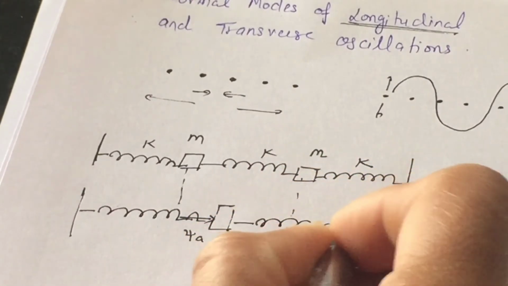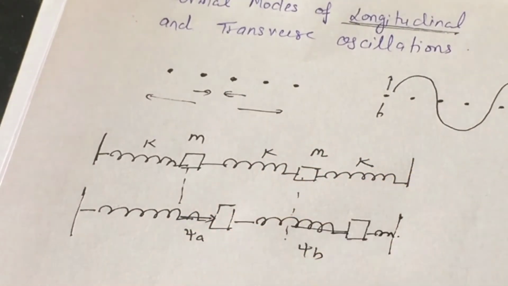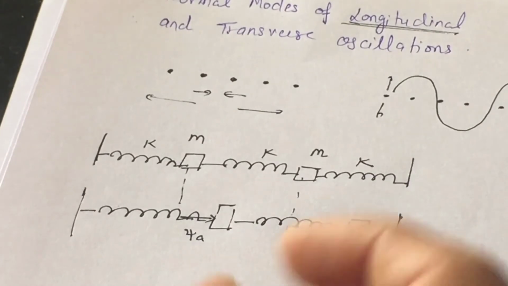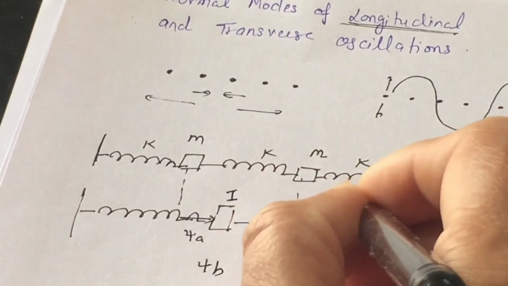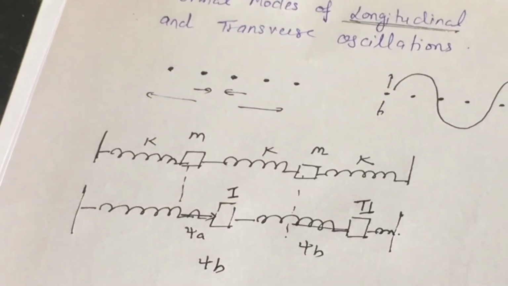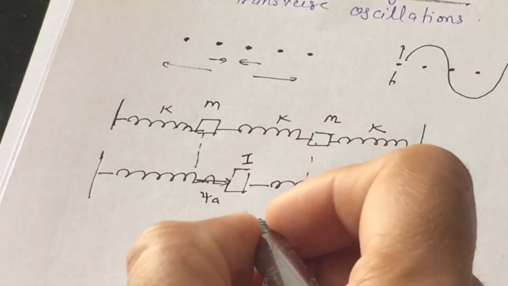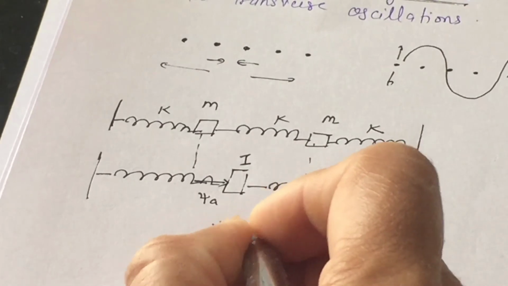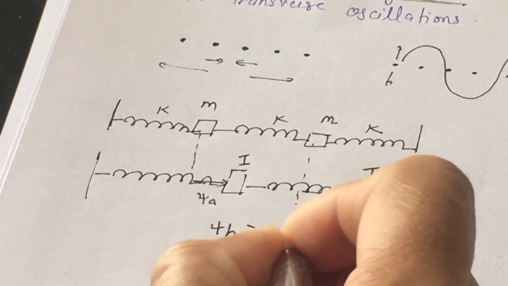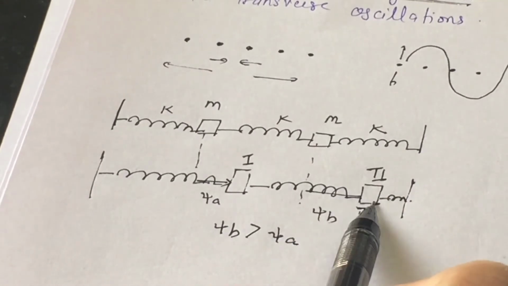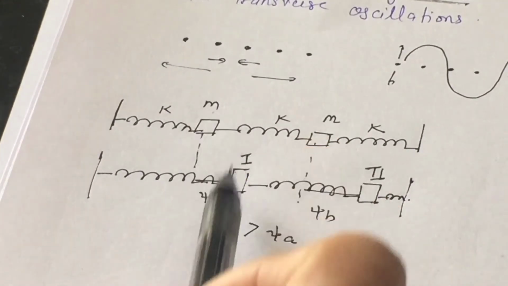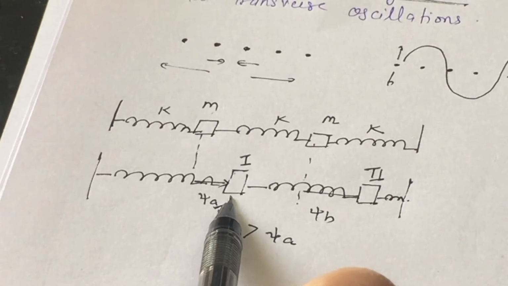Again, the spring constant of all the three springs is the same, and the displacements of the first mass and the second mass may be equal or may not be equal. In our case, let us consider the displacement of the second mass from the mean position is large compared to the displacement of the first mass.